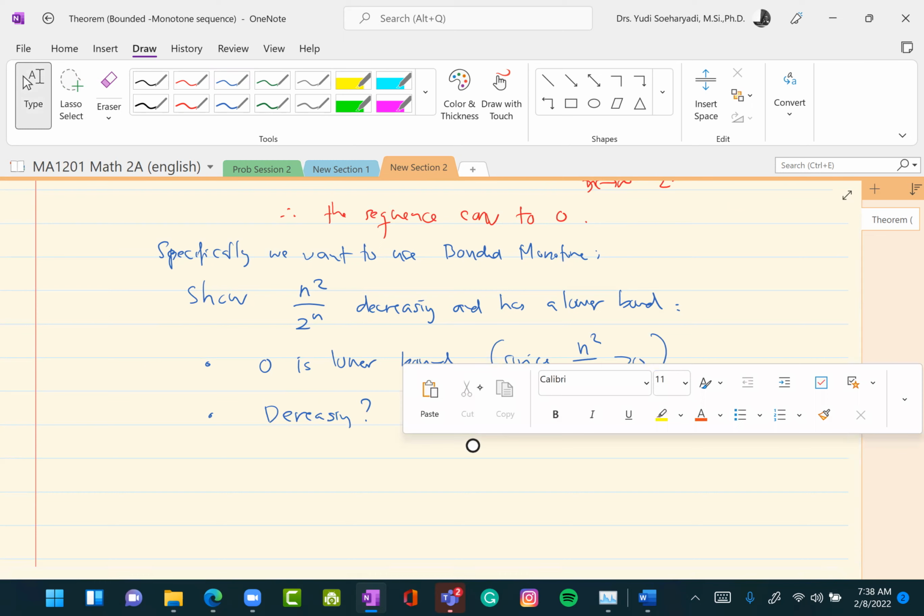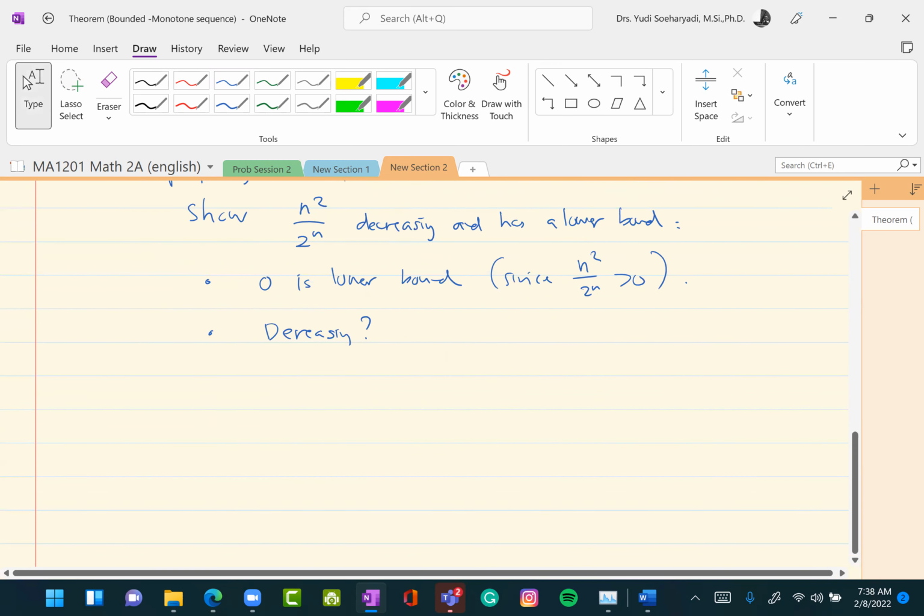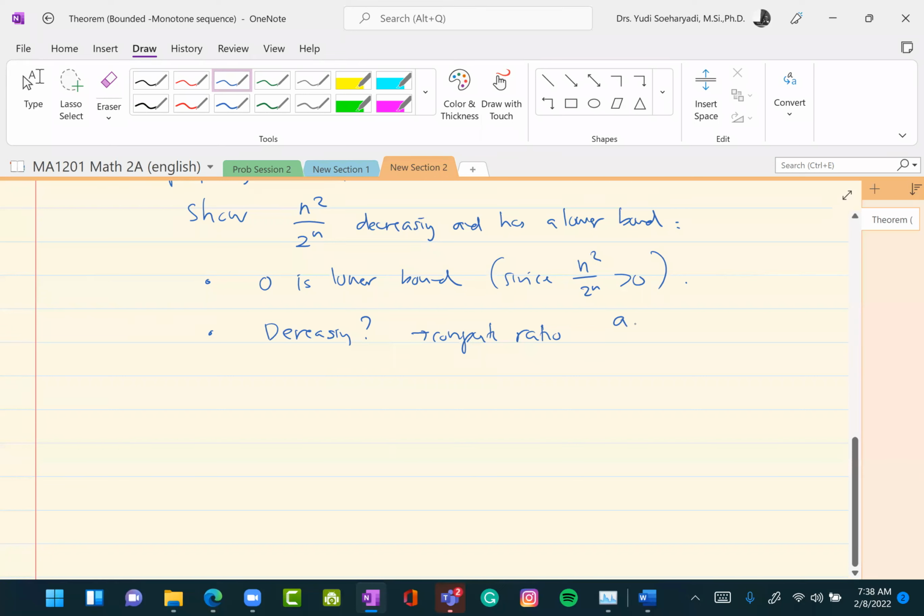Okay, so how to show decreasing? Well, one of the ways we show decreasing is by computing the ratio. It's done quite often later on.